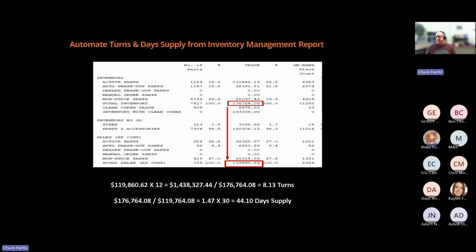Automate is really easy. Their inventory management report gives you your total inventory value and your total sales at cost, and allows you to very easily calculate it times 12, divide it back, and then divide that 176 into 119 to see that they have a 44-day supply.